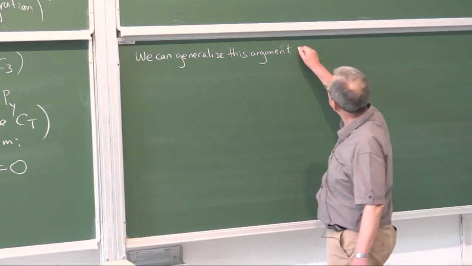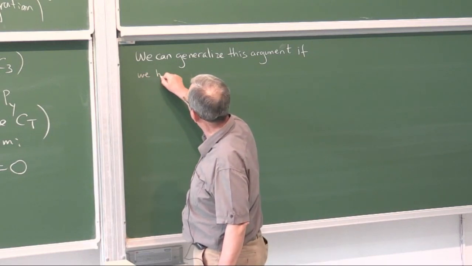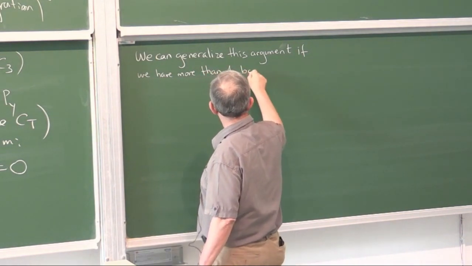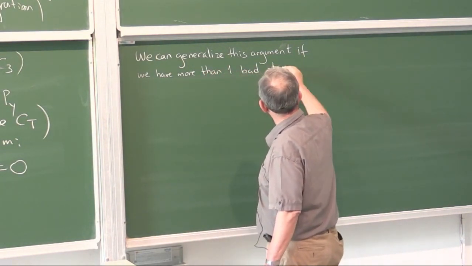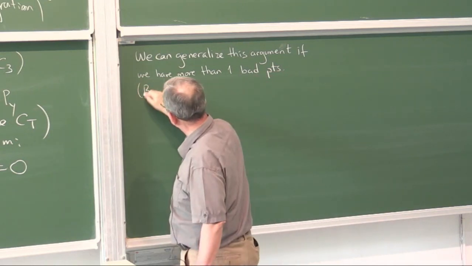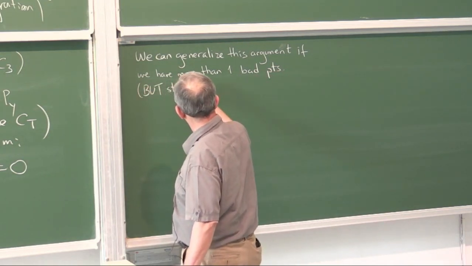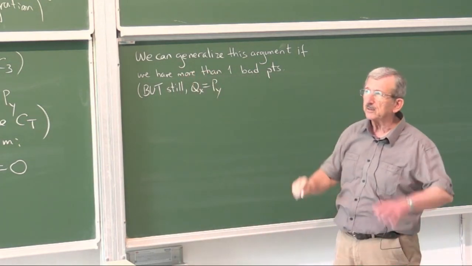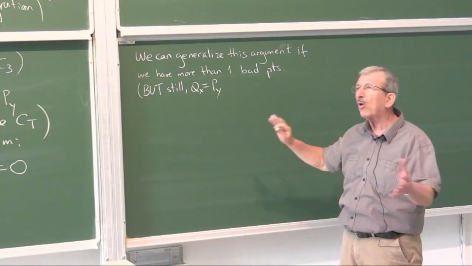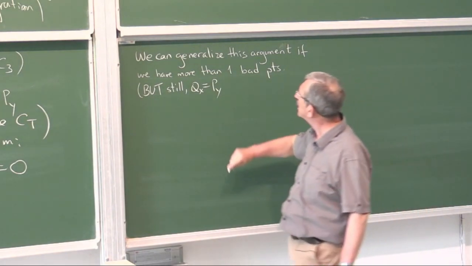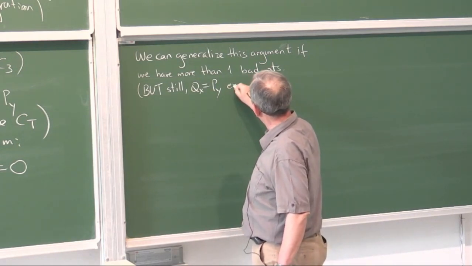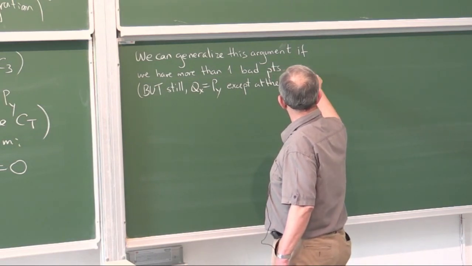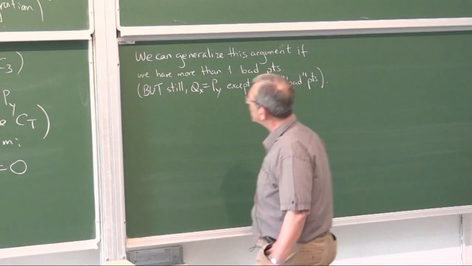This argument, if we have more than one bad point. Well, but still, Q sub x is P sub y. This is important. This is not exactness in general, but almost exactness, except at the bad points.